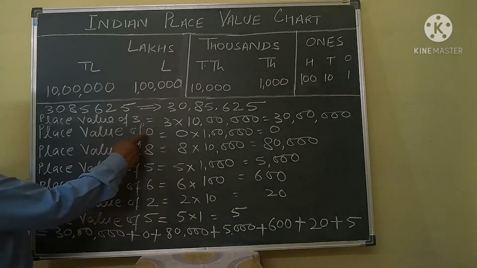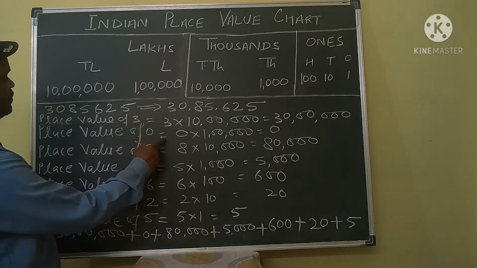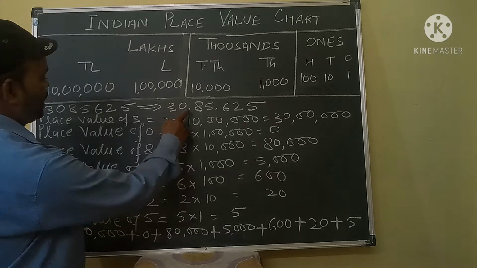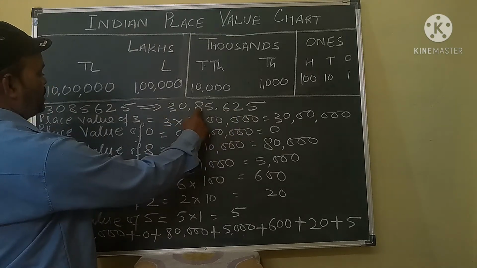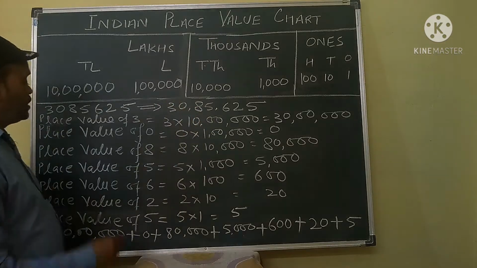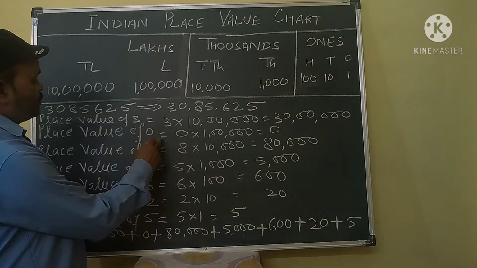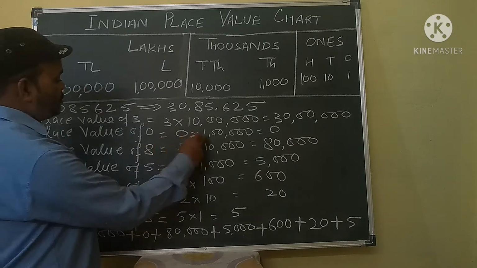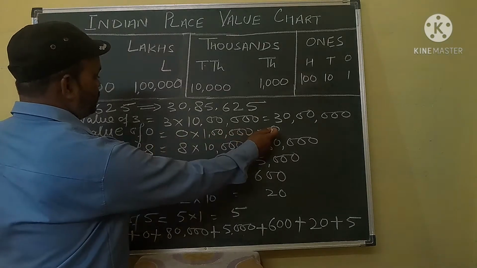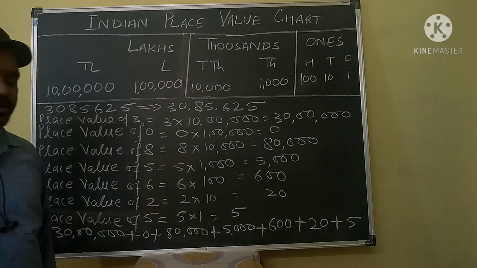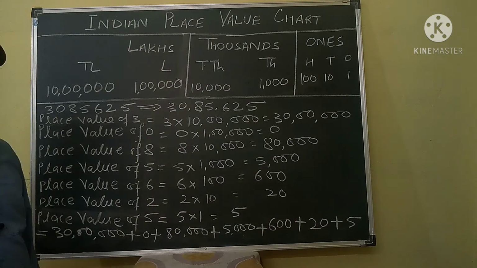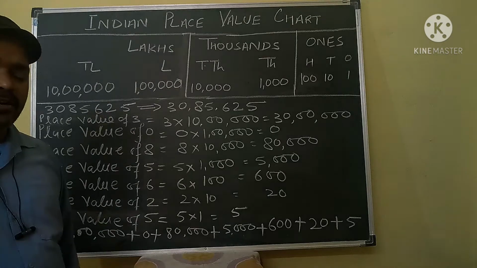Place value of 0: 0 is in lakh place. Ones, tens, 100, 1000, 10,000, lakh. So place value of 0 is 0 into 1 lakh, which is equal to 0. Please keep in mind, place value of 0 is always 0.